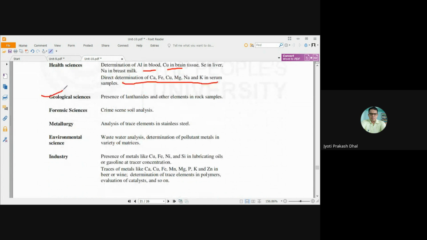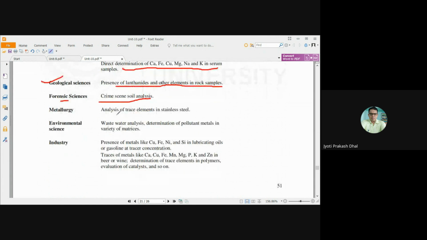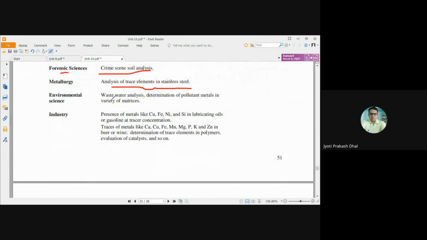Geological application: presence of lanthanides and other elements in rock samples. Forensic application: crime scene soil analysis. Metallurgical application: analysis of trace elements in stainless steel. Environmental application: wastewater analysis, determination of pollutant metals in a variety of matrices.